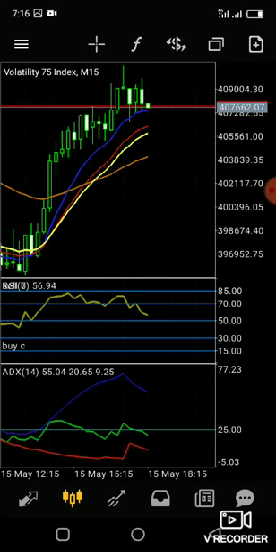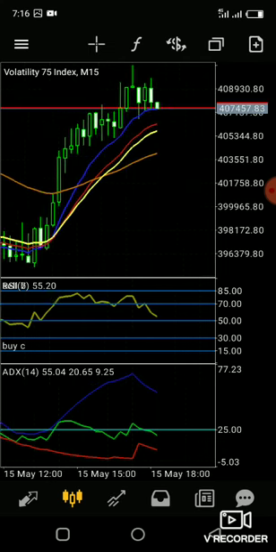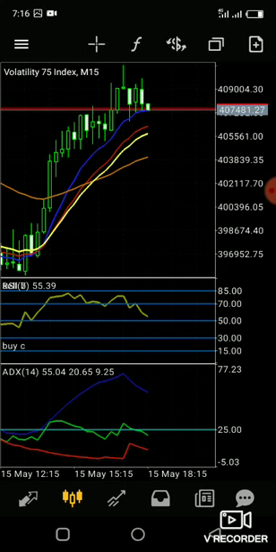So the criteria to be met when using this crossover strategy are very simple. First, the crossover must happen. The moving averages must cross over, and the blue must be upward, which signifies buy, and the others will be below the blue. Then our RSI must be above 50 for it to be a buy signal.